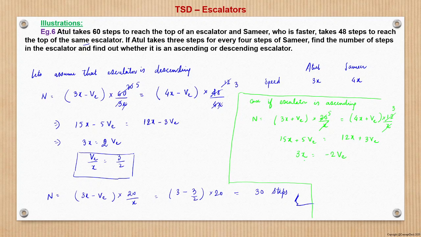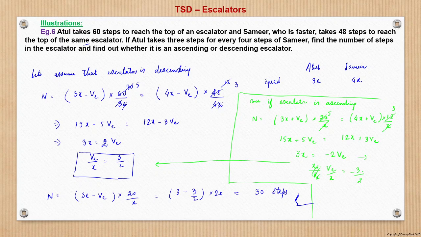It means that if x is moving in one direction, v will be opposite. So this also refers to the same thing. If we assume ascending, it will refer to a case where this is not ascending, but rather descending. So v by x will be 3 by 2 with a negative sign.